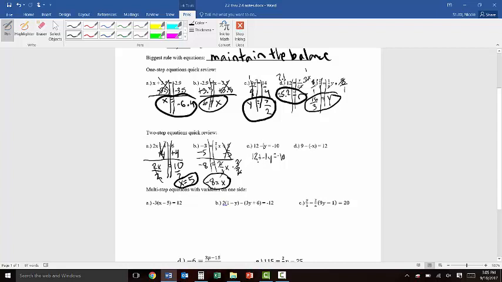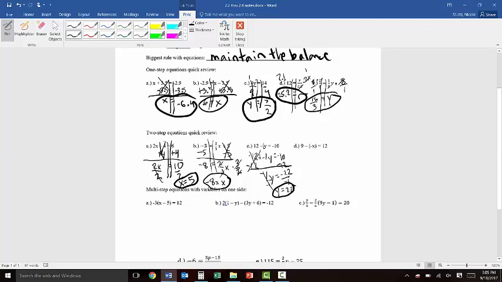And the reason I know we added positive 12 is because there's no negative symbol here. So we're just going to subtract 12 on both sides. That makes 0, and I'm left with -1y equals -22. And if we divide by -1 on both sides, we're going to get positive 22.